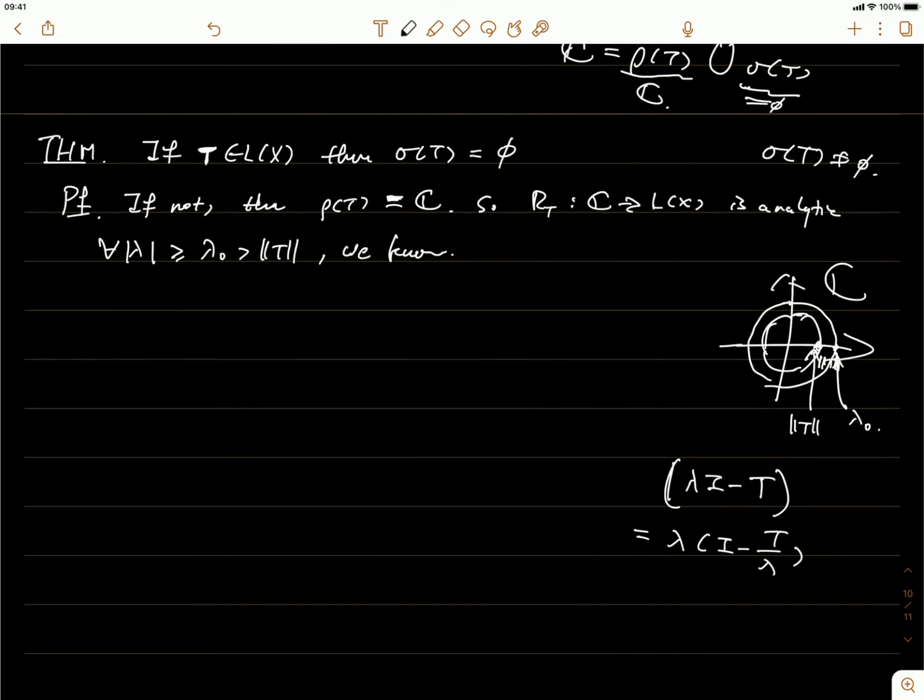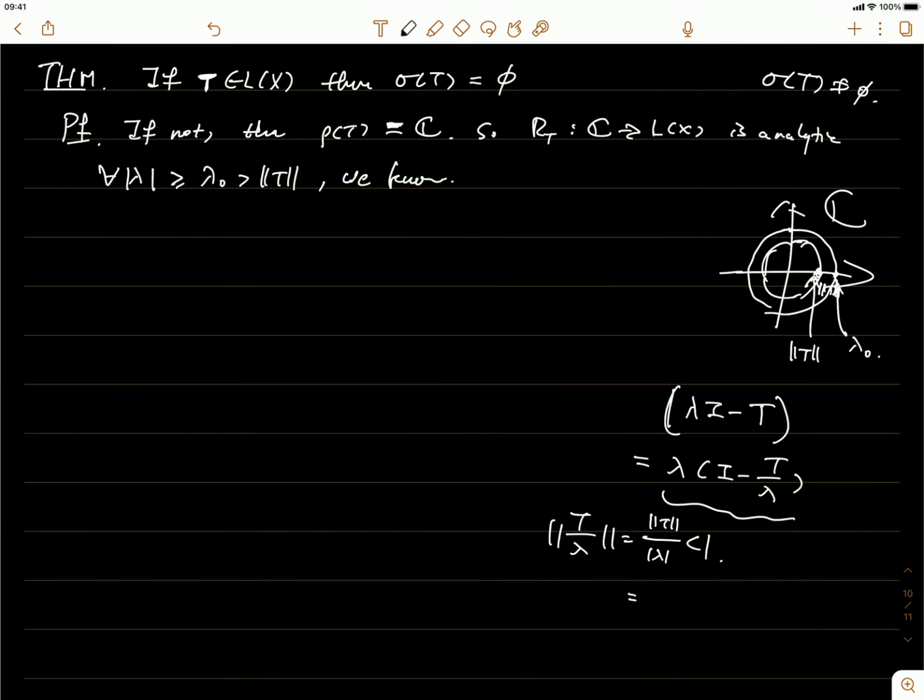Because lambda is large, even bigger than the norm of T, the norm of T over the modulus of lambda will be less than 1. That's why I know this will be invertible.